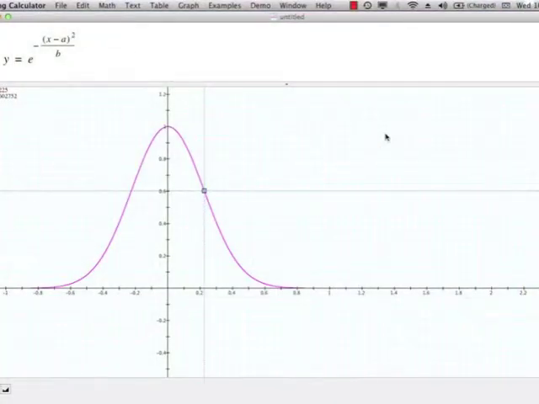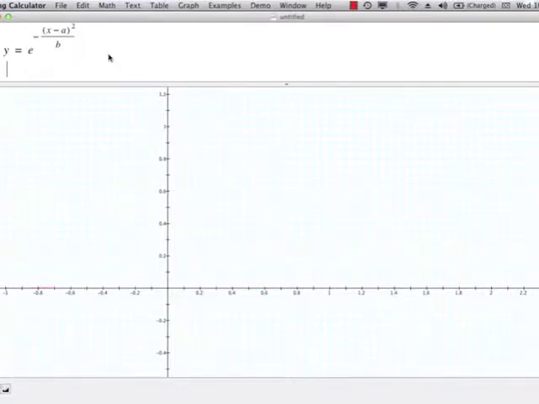Okay, so I'm back to the graphing calculator, and now we're going to build up the function that's going to give you the normal distribution for my beaker data. So I've got 1 divided by sigma, and my sigma is 0.124, times the square root of 2 times pi. That's my constant out front.